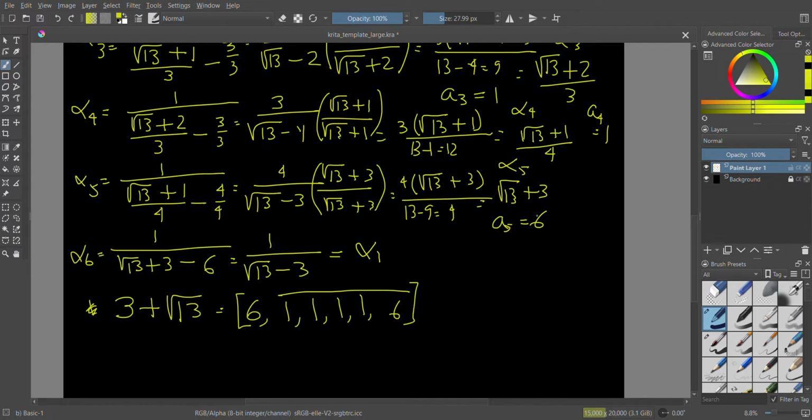Okay, so now what I'm going to do is, there is a little trick where you verify by taking it backwards. You're going to take this continued fraction and you're going to end up with 3 plus the square root of 13. And for that, I'm going to save this continued fraction, 3 plus square root 13.